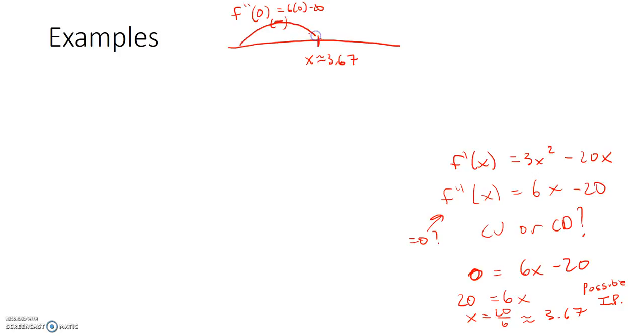Now you might be saying, well, how come I can test just one point in that interval? And the answer lies in the same answer to, well, why can I test a point to the left and to the right where the derivative is 0 to test whether that point is a maximum or minimum?